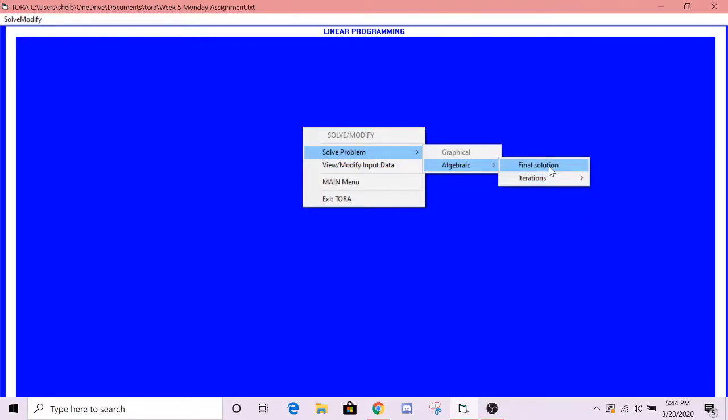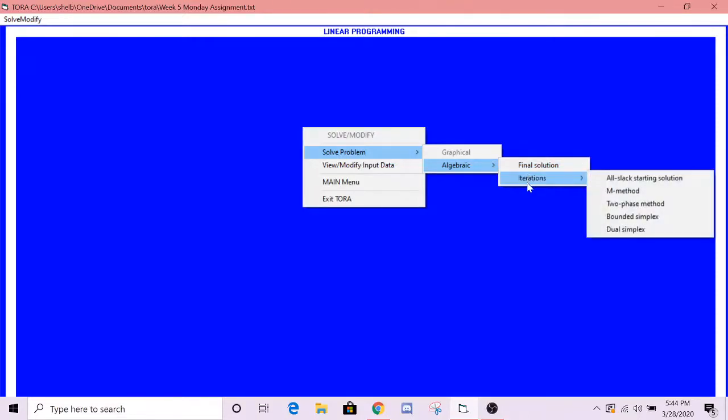If you hit final solution, it's going to come back and tell you that you're not able to do that since it does require a special sort of tableau to be able to solve it, since we have to use the big M method or two-phase method. If it were just a regular LP like we've been doing in previous weeks, you would be able to just hit final solution. But it's also good to use iterations.